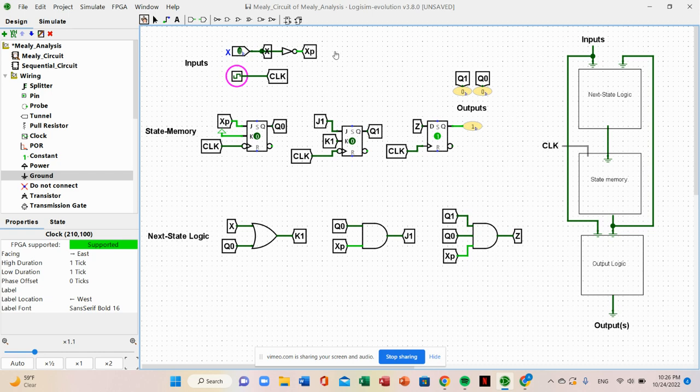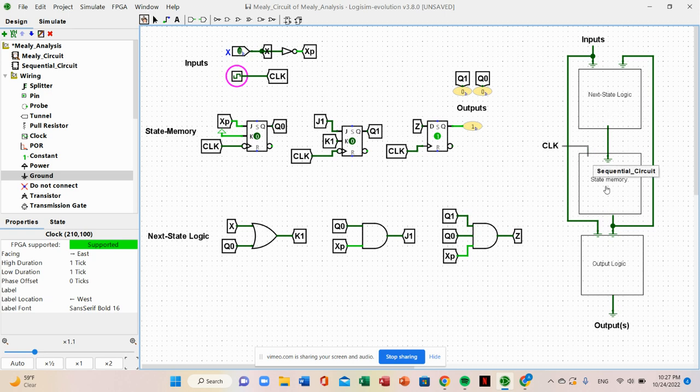So at first we have our inputs right here. Then we have our next state logic, and these are data signals from external sources.